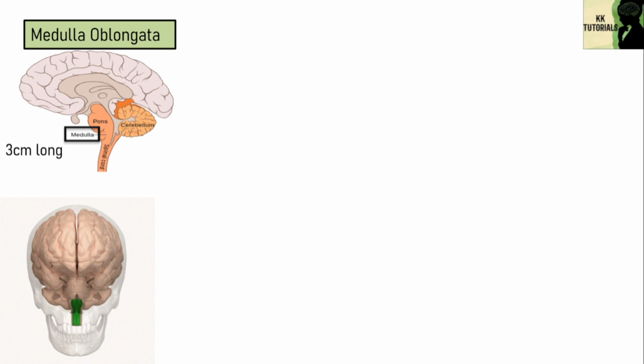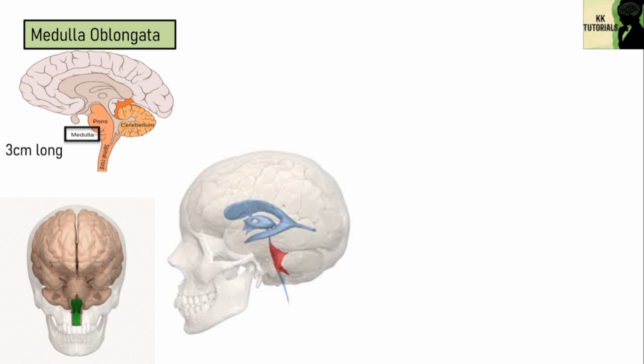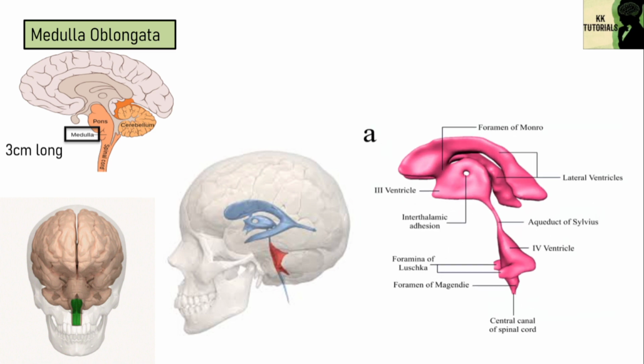The cavity of medulla is called fourth ventricle or metacoel. Its roof has posterior choroid plexus for secretion of CSF. The posterior choroid plexus also shows three openings, a pair of lateral foramen of Luschka and a median foramen of Magendie. Four cranial nerves stem from this region.